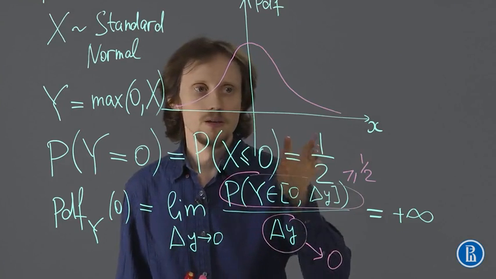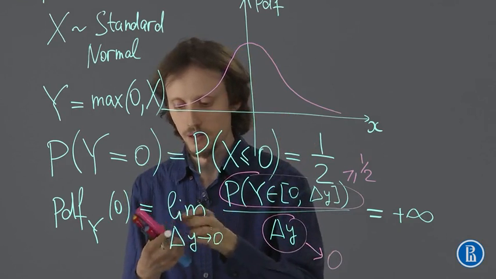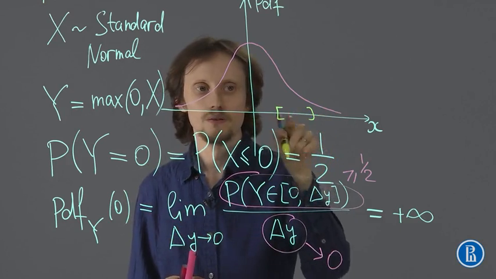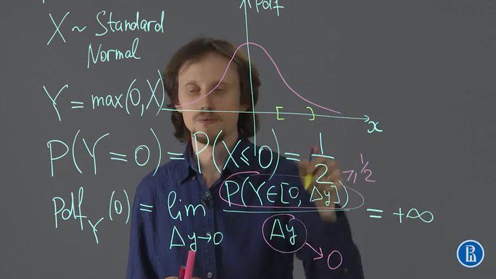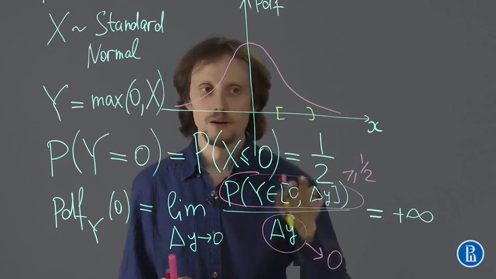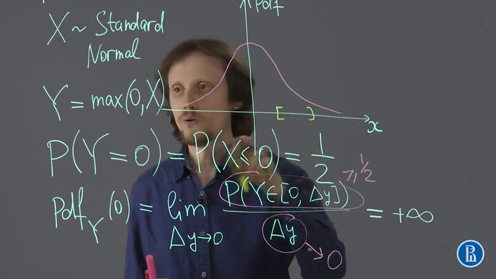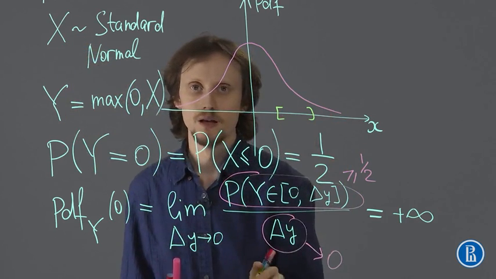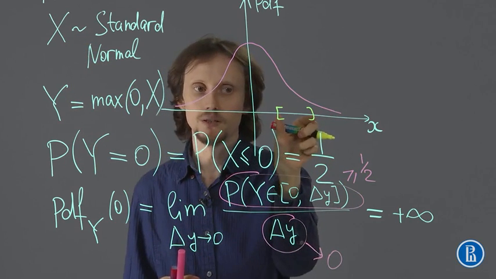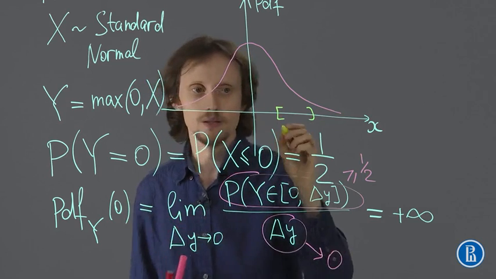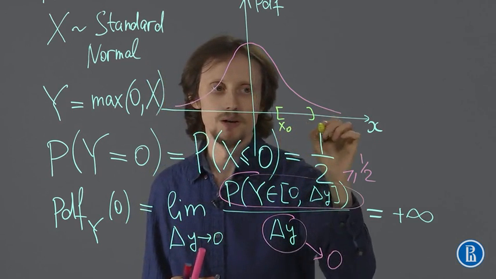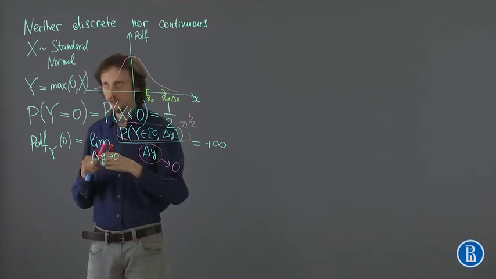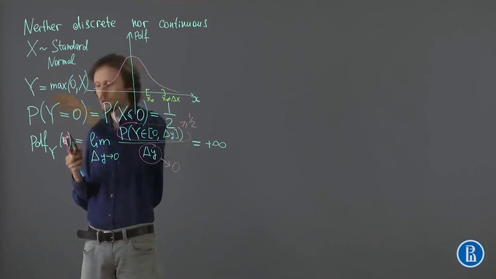On the other hand, if we consider some segment here on the positive semi-axis, then here our random variable y coincides with random variable x, and the probability that y is inside this segment, for example from x0 to x0 plus delta x, is the same as a similar probability for x.